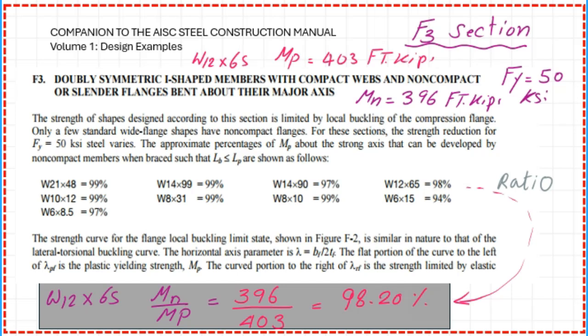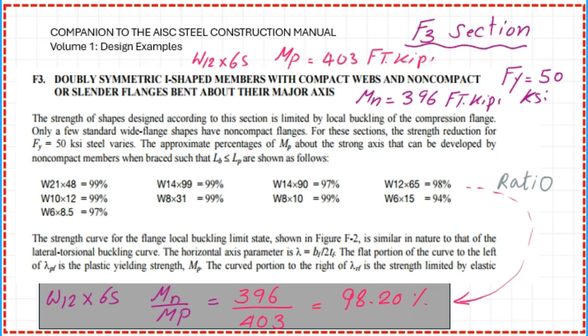For instance, for W21 by 48 the M nominal over M plastic equals 99%, while for W6 by 8.5 the ratio is 97%. According to the design example, for W12 by 65, this ratio is 98%.